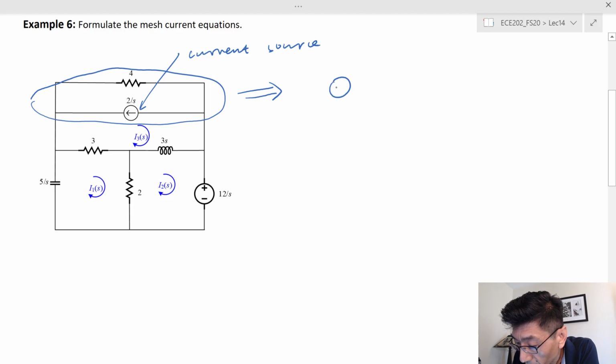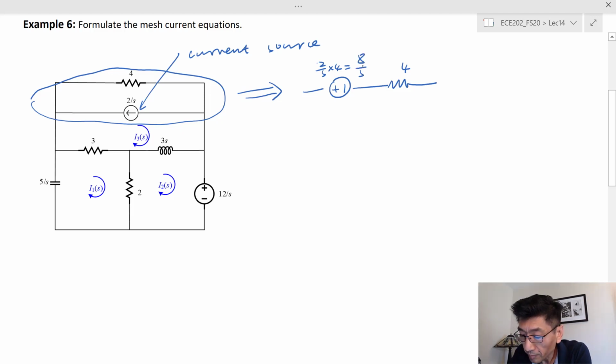We can turn that into a voltage source in series with that impedance. And this voltage source should be the current source 2 over s times 4. That should be equal to 8 over s. Okay.